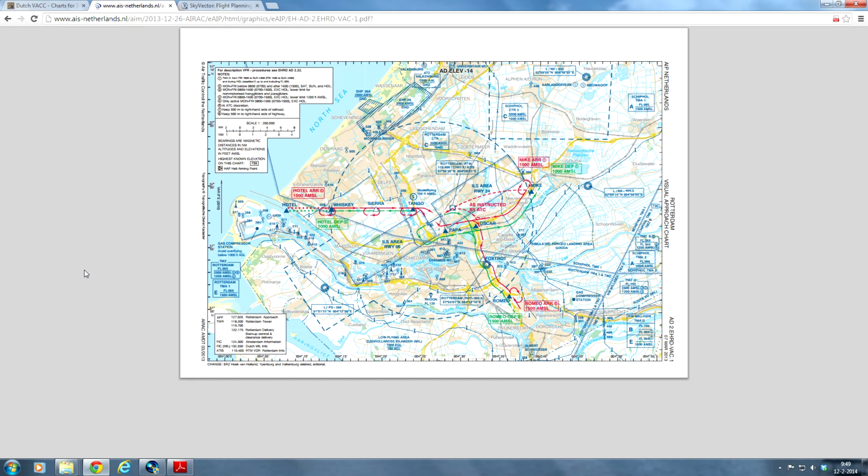So now that we've gone through IFR charts for an IFR flight, let's take a quick look at VFR charts. This is just a chart from Rotterdam Airport in the Netherlands. As you can see, it contains a lot of landmarks and also the arrival and departure routes.